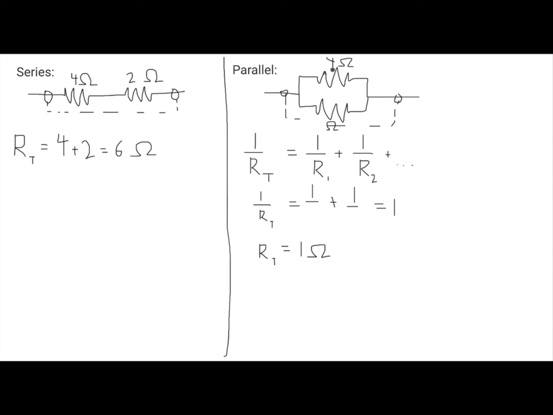If this was 4, and this was 4 as well, 1/4 plus 1/4 would equal 2/4, which equals 1/2. And then the inverse of 1/2 would be 2. And therefore, the total resistance would be 2 ohms.